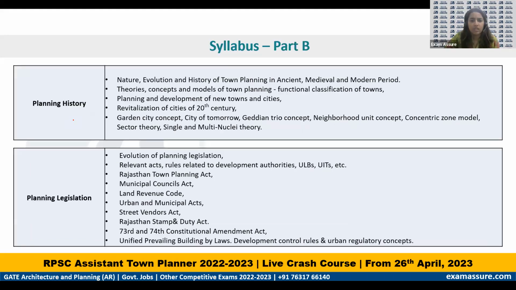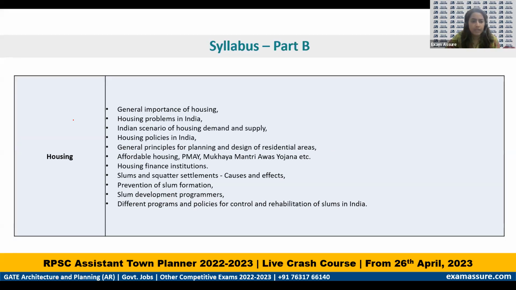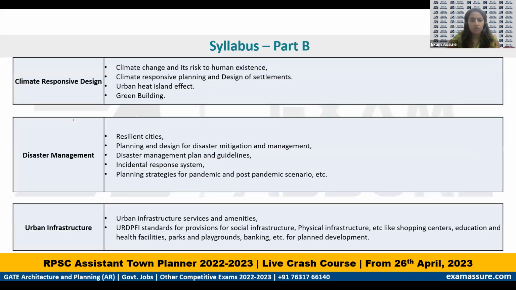So the planning part overall has a major weightage, or a large number of topics that need to be covered. As far as planning legislation is concerned, you're supposed to know different acts and bylaws with respect to Rajasthan as well as some at the pan-India level. Same goes for urban governance, housing, society, transportation planning, building construction, environment, and so on and so forth.